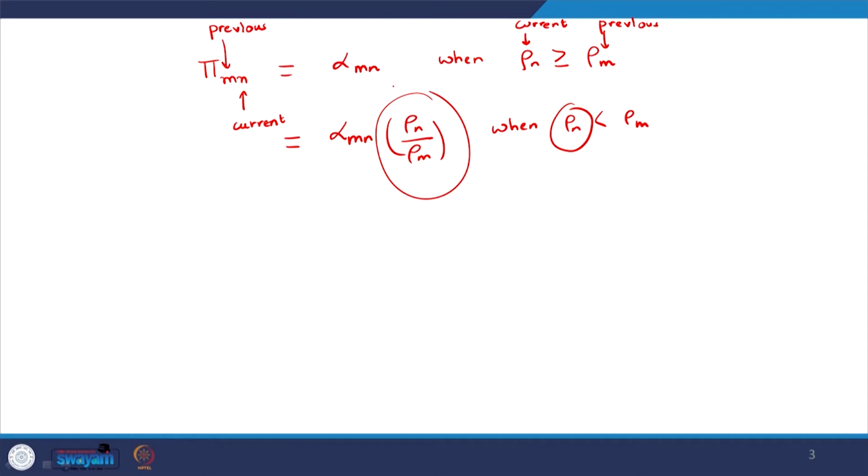As the ratio of probability of the current versus the previous decreases, I am basically using a smaller transition probability. In the limit when rho n is very much smaller than rho m, there will be very little probability of going from m to n.